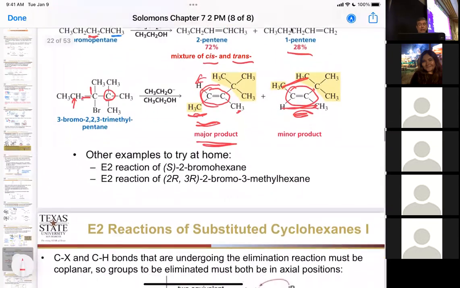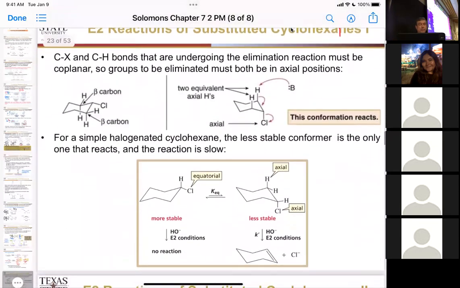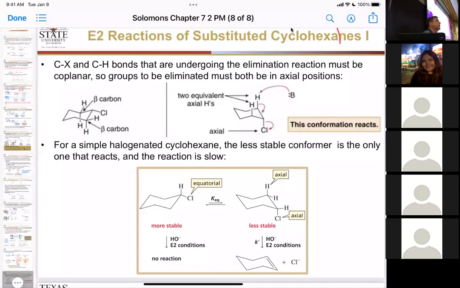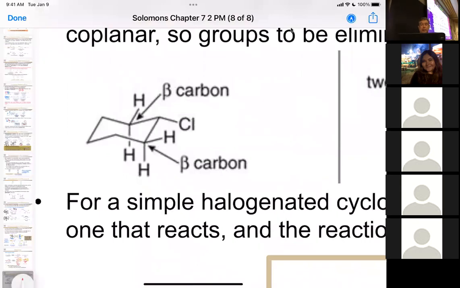All right, so the last thing I'm going to cover today is cyclohexanes, okay? So let's look at cyclohexanes and let's think about that antiperiplanar. So we have to have our leaving group antiperiplanar to a hydrogen, okay? So let's look at this one right here. So we have this one here and there's a hydrogen here also, okay?